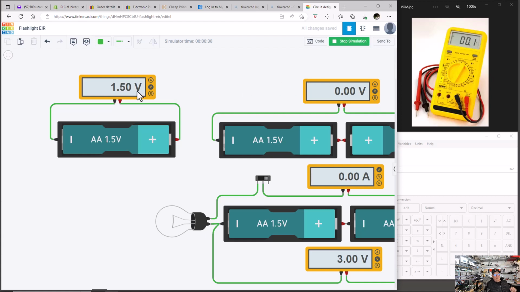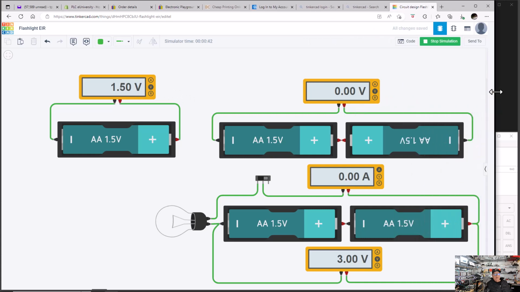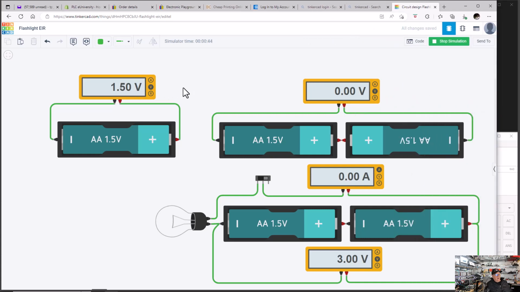So in the Tinkercad software, it allows you to attach a voltmeter to your circuit. So I threw the voltmeter right across. I've got the black lead here, which is negative, going to negative, and the red lead here, which is positive, going to positive. I get 1.5 volts. If I put it across two batteries, but they're opposing each other, they cancel and you get 0 volts.